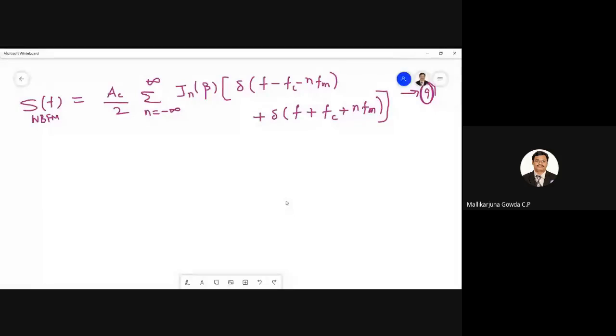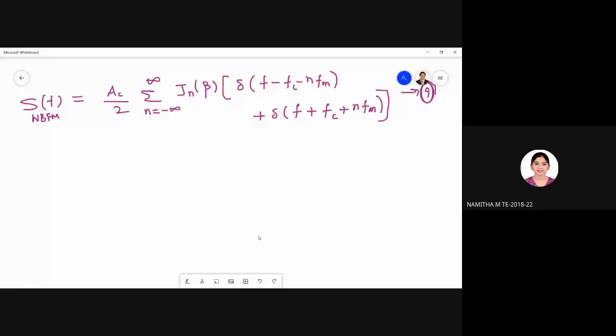Is it fine? Yes, sir. This is the expression for wideband FM in the frequency domain. We have taken the Fourier transform of the previous equation. So can we draw the spectrum of this?